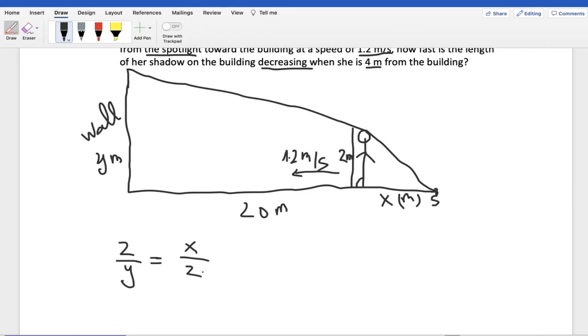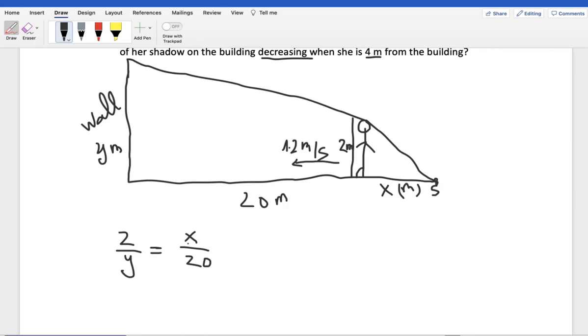It's given to us. So here we're using similar triangles. Now if you multiply by y and 20 on both sides, you have xy.